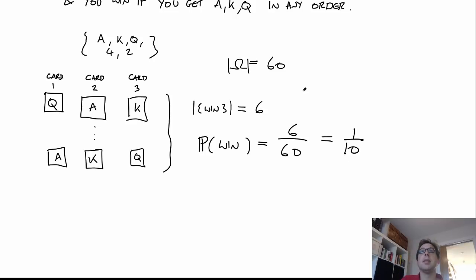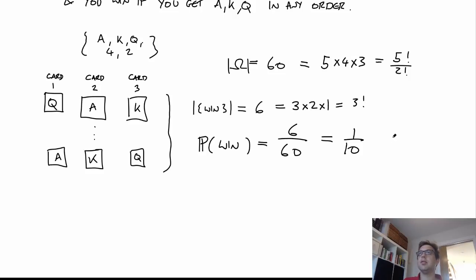Now let's write that out a little more explicitly, because remember the way we calculated 60 was 5 times 4 times 3, which was equal to 5 factorial divided by 2 factorial, and the way that we calculated this 6 was 3 times 2 times 1, which is equal to 3 factorial.